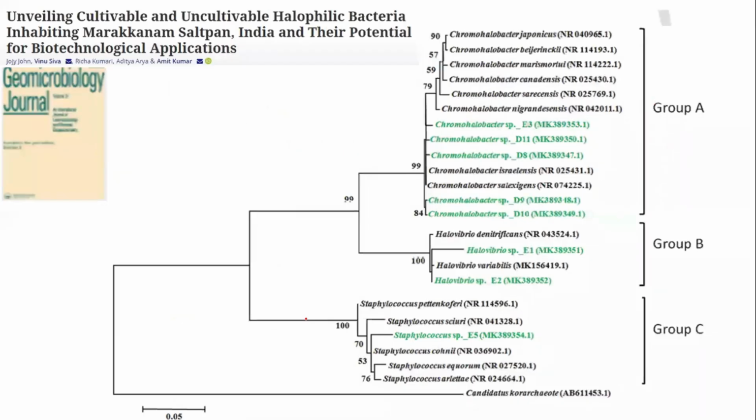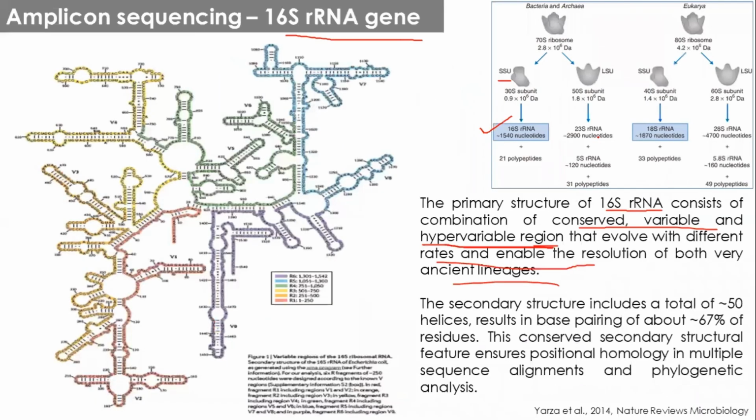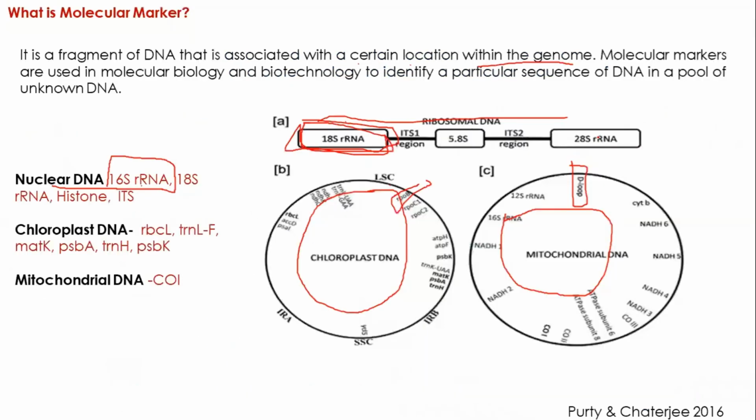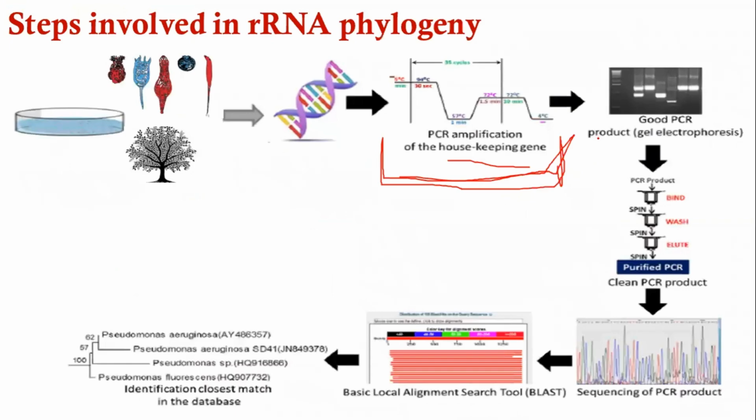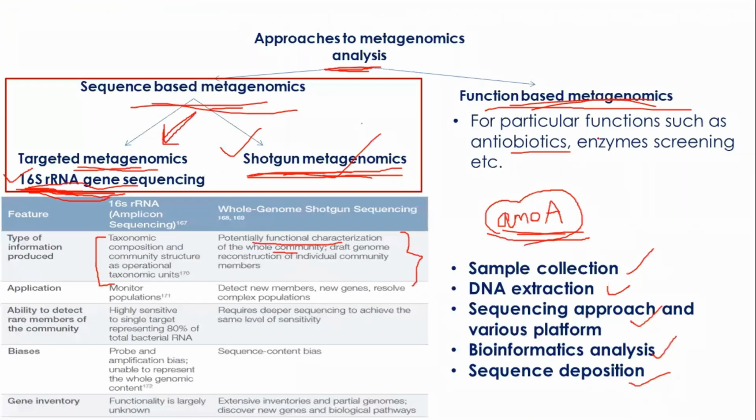See, one of the works from our lab we have done recently from the salt pan, and when you use the 16S rRNA, you can find. So what happens is that you did the PCR, right? After the PCR, you did the sequencing, as I said in this particular slide.